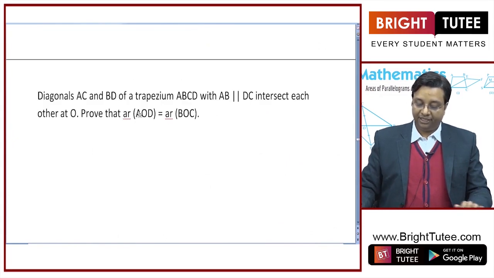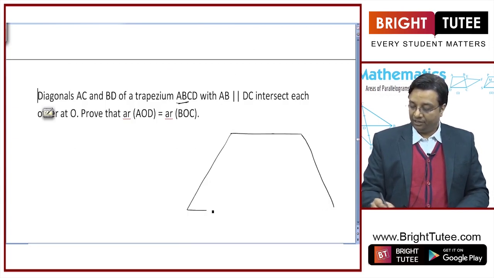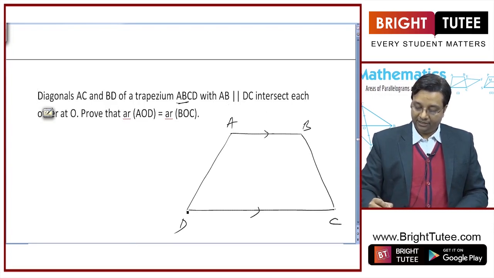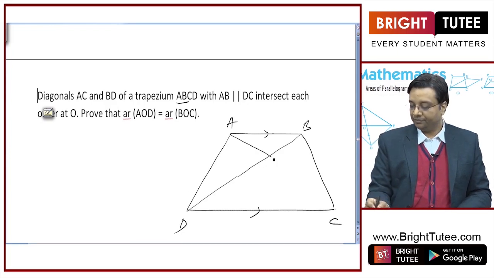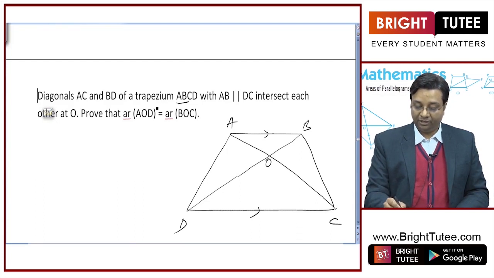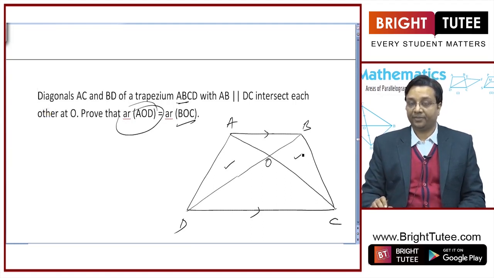Diagonals AC and BD of a trapezium ABCD. Let me draw this trapezium first with AB parallel to DC. So ABCD, this line is parallel to this line, and their diagonals AC and BD intersect at O. Okay, I need to prove area of AOD, that is this area, is equal to area of BOC, this area.